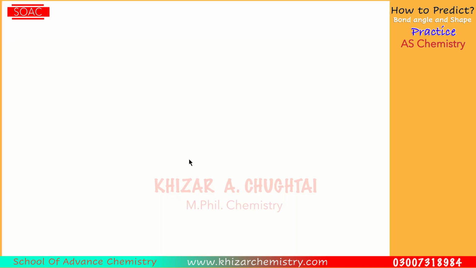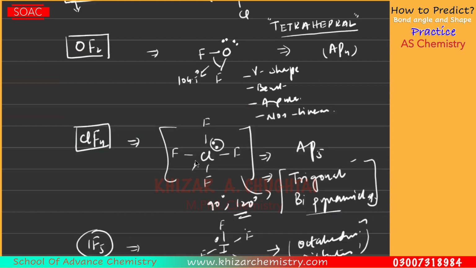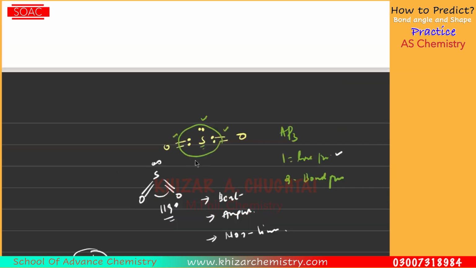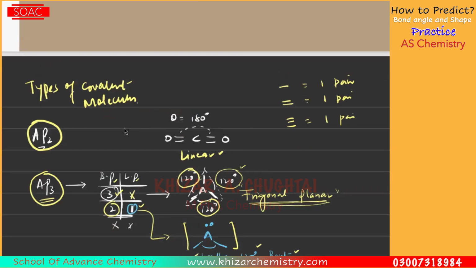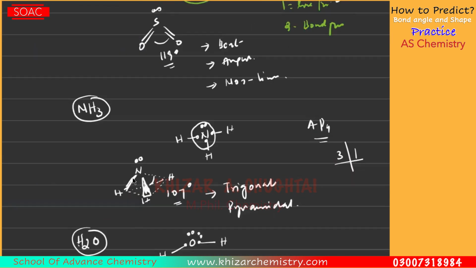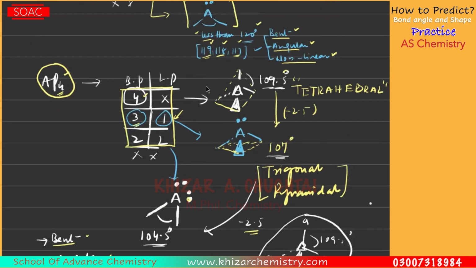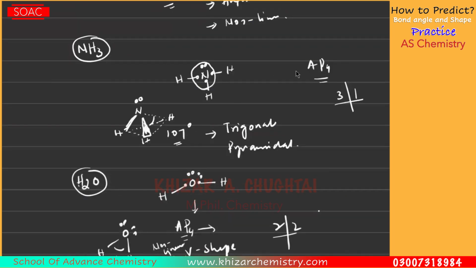So that's all about the practice of basic shapes of simple covalent molecules in the light of VSEPR theory, valence electron pair repulsion theory guidelines, and you will have to basically memorize these types of molecules according to my worksheet, according to my scheme. AP2 molecule, AP3, AP4, AP5. First of all, you will draw the Lewis diagram. It is not the exact diagram. फिर उस diagram से आपको पता चलेगा कि what is the type of that molecule. तो diagram से आप type पे आएंगे.